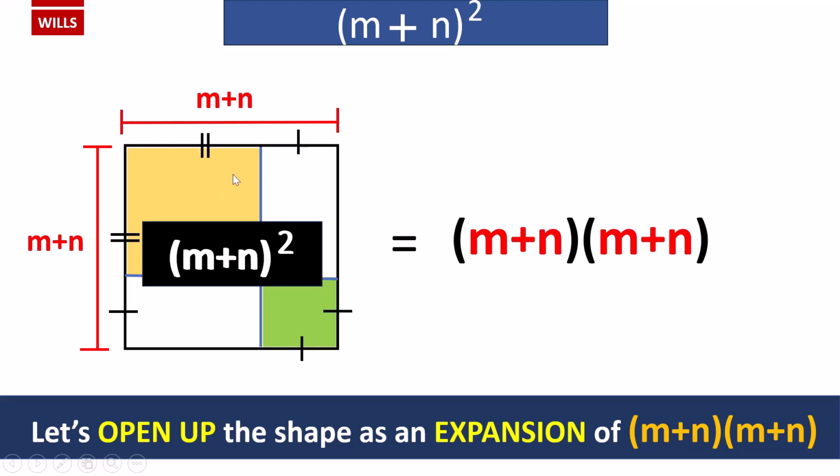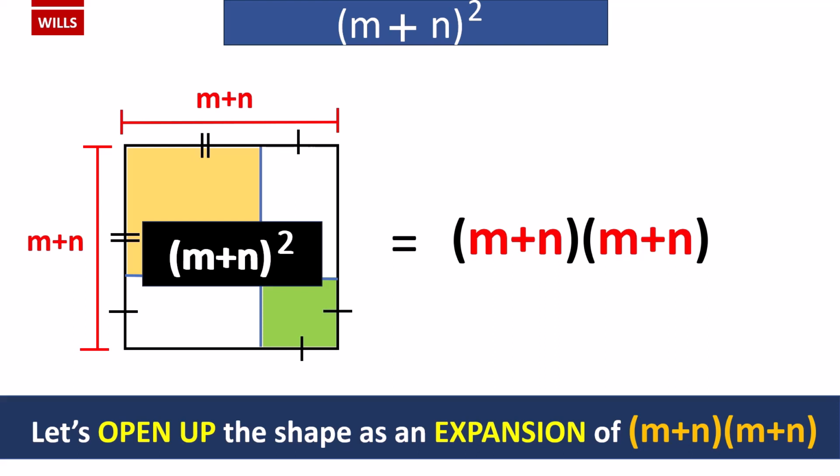If the shape has an area m plus n all squared, it means that the shape can represent m plus n all squared, and m plus n all squared can also represent the shape, because m plus n squared is the area of the shape.